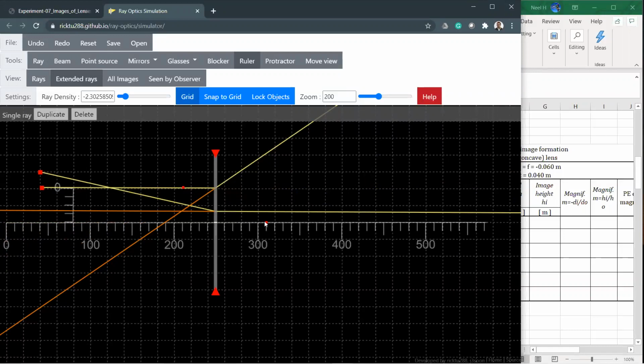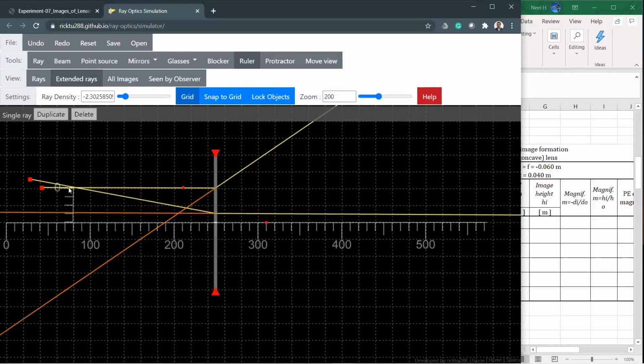That is the focal point on the other side. If the second ray tries to go to that focal point, coming exactly from the top of the object, you can see that the ray after refraction becomes exactly parallel to the principal axis, right? That is the opposite of the previous ray. Whenever two extrapolated rays meet each other, then you can identify the image.